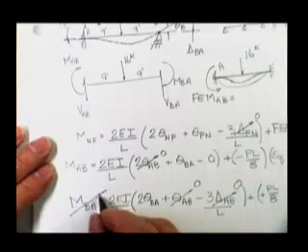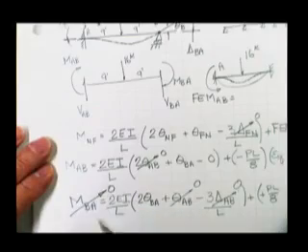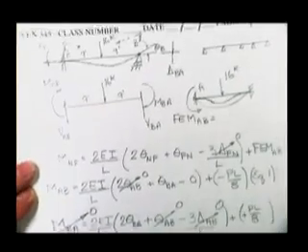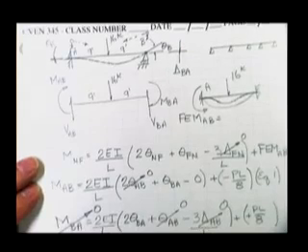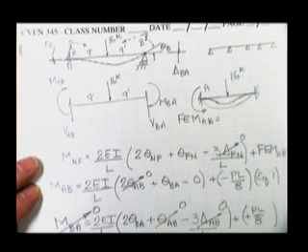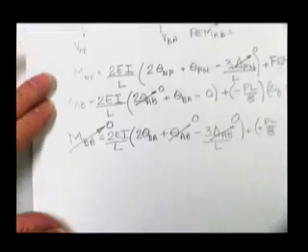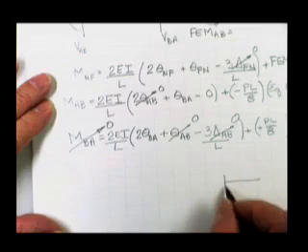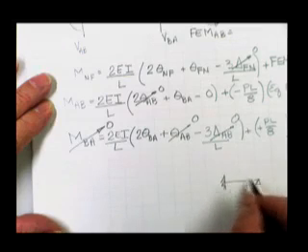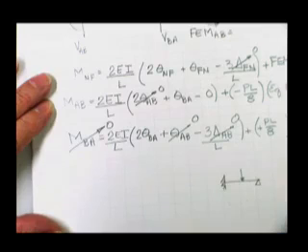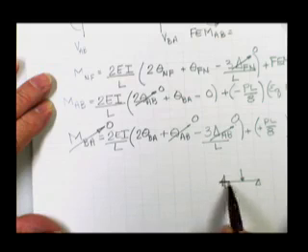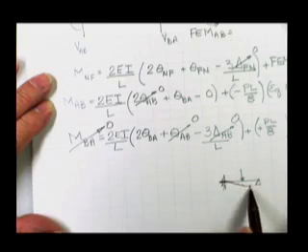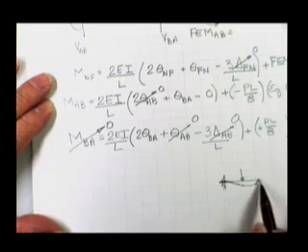Why? Well, because there's just air out there. In other words, the original problem looks like this. And the boundary conditions are that there's no rotation at A, and there's no moment on the free end of that beam.